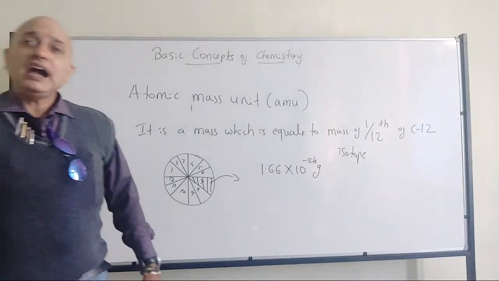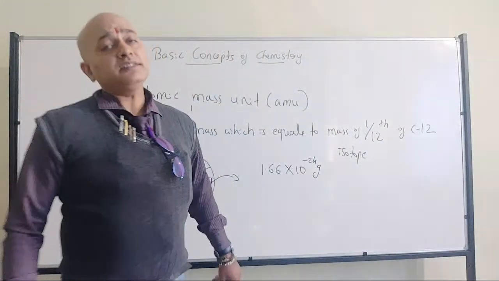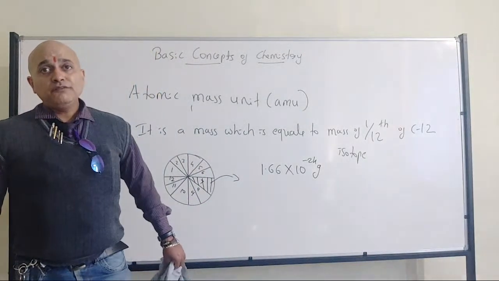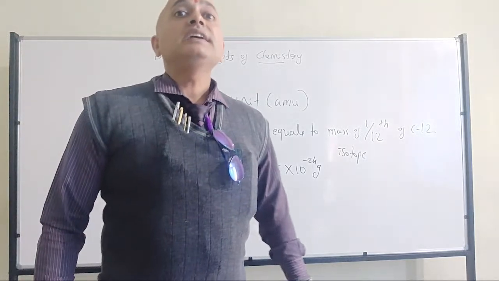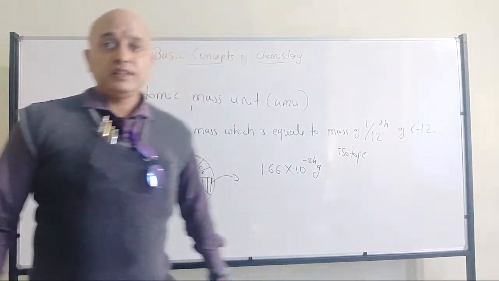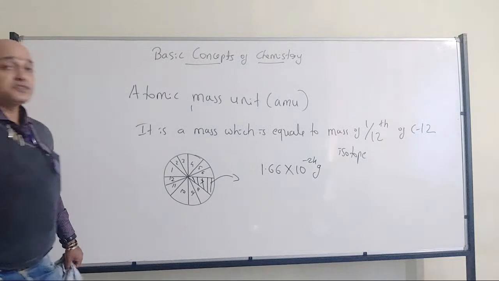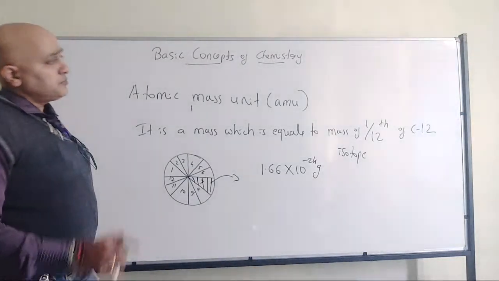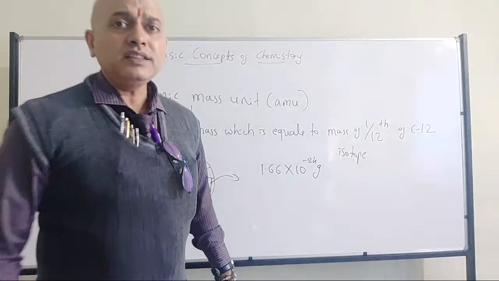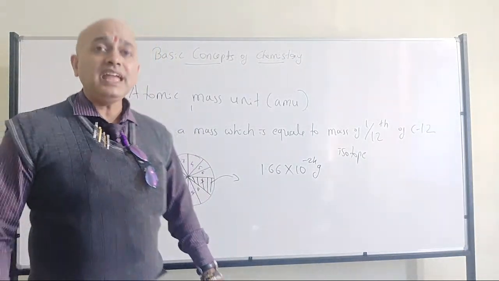Now anyway, we have so many sophisticated instruments. No need to worry. We have the mass spectrometer, which is able to calculate the mass of each atom. Okay, so that's where we have sophisticated instruments. But earlier it was not there. So by comparing with one, they used to tell the mass of the atom.